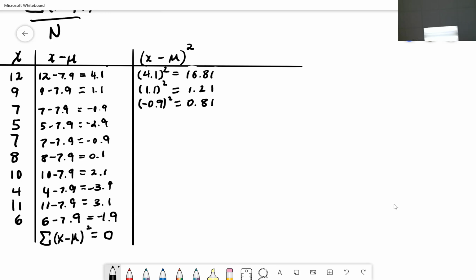So negative 2.9 squared, 8.41. Then you have negative 0.9 squared.